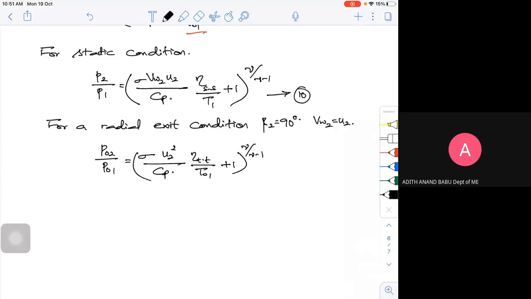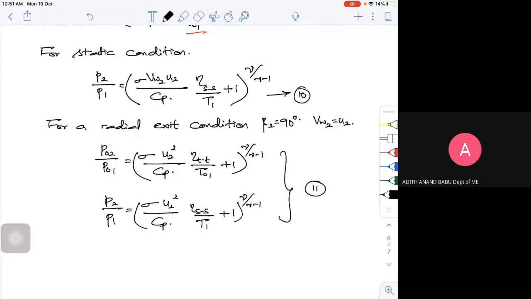Or in terms of static, P2 by P1 is equal to sigma into U2 square by Cp into static to static efficiency divided by T1, plus 1, whole to the power of gamma by gamma minus 1. I can call this equation number 11.